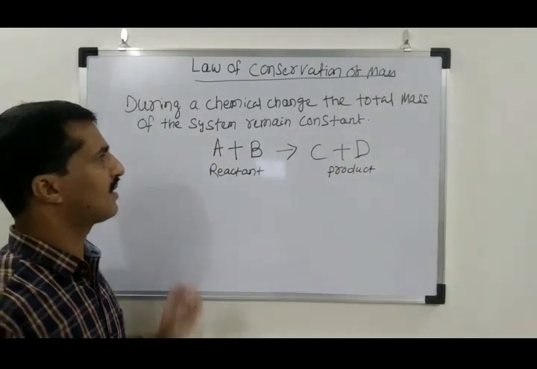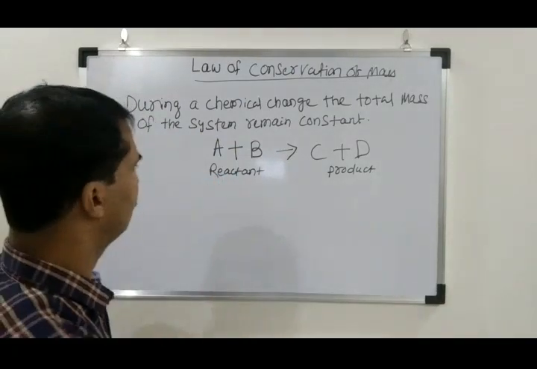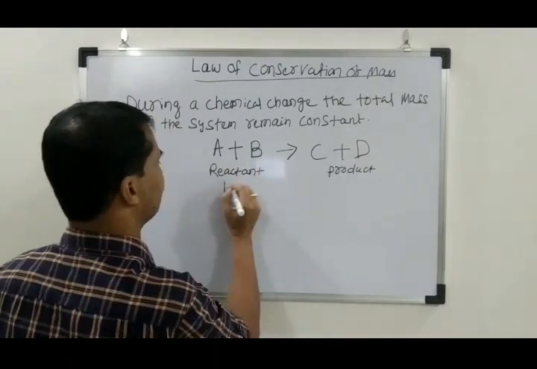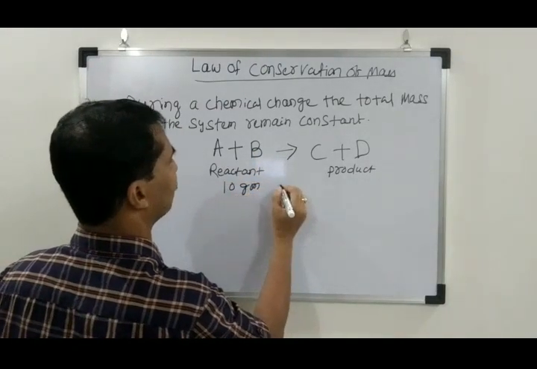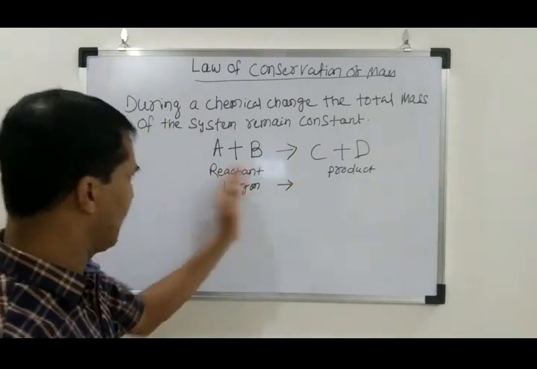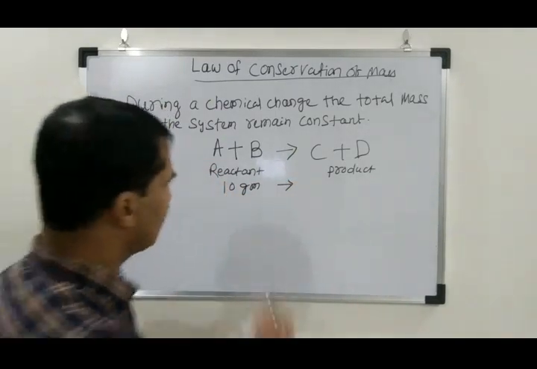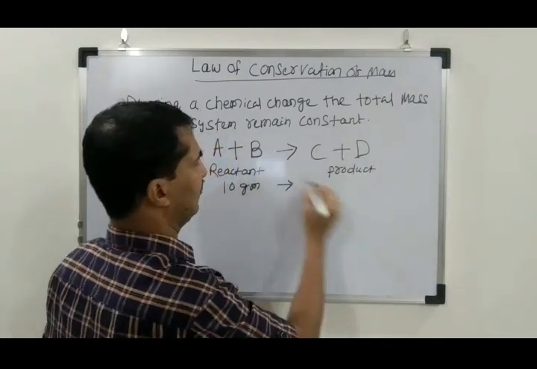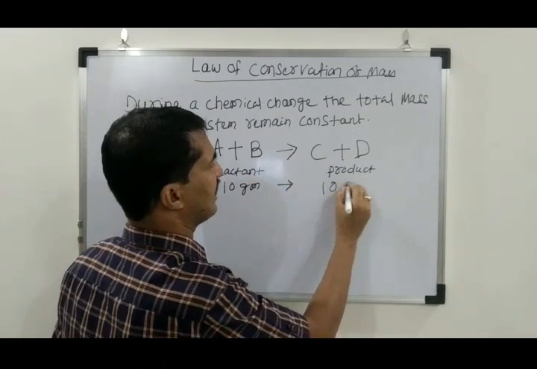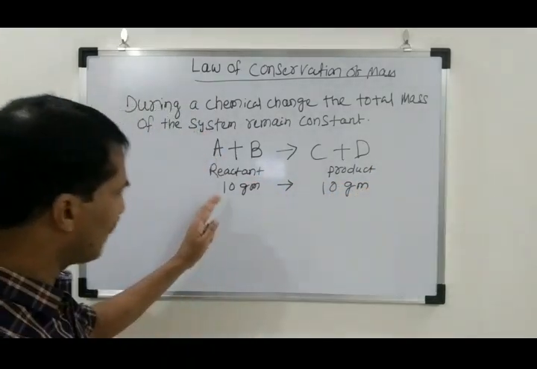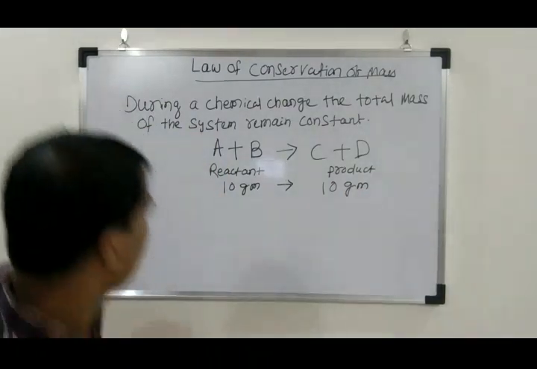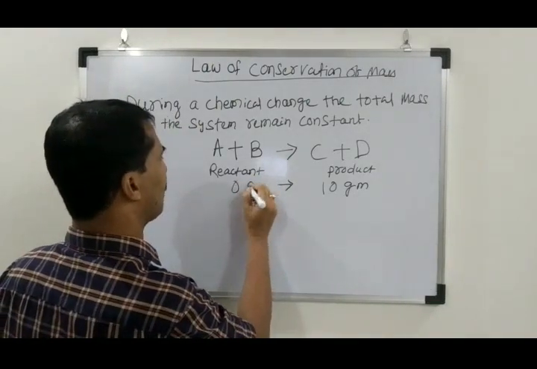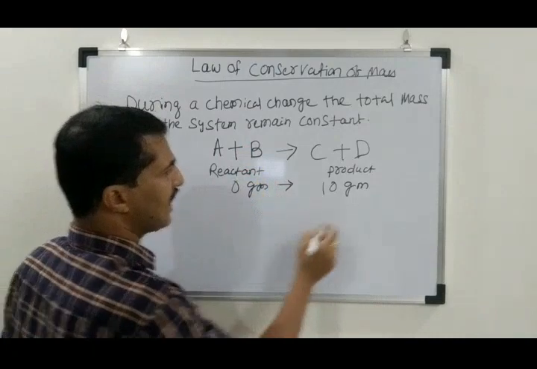What the law of conservation of mass tells here is, let us say at the initial stage the reactant mass is some 10 gram. Before the reaction the reactant mass is 10 gram. Then after completion of the reaction, when the products C and D are formed, the total mass will also be 10 gram. That means once the reaction is completed, the reactant mass will become 0 now, because all reactants are consumed and the product is produced.